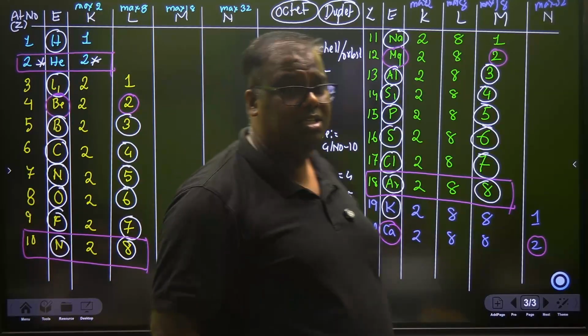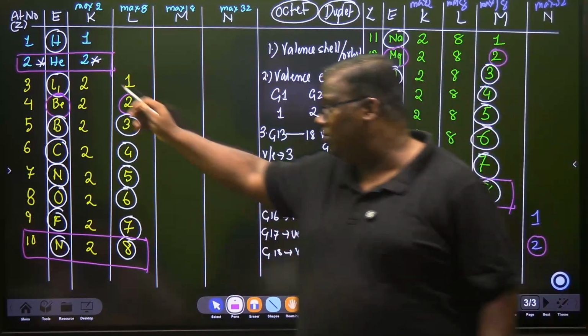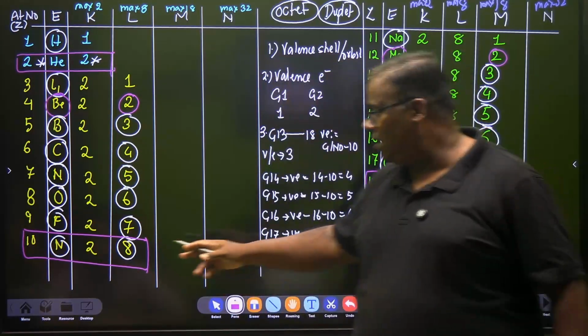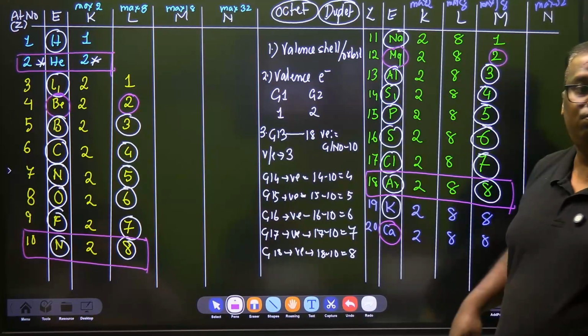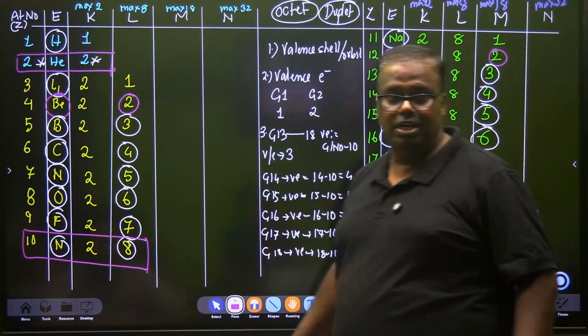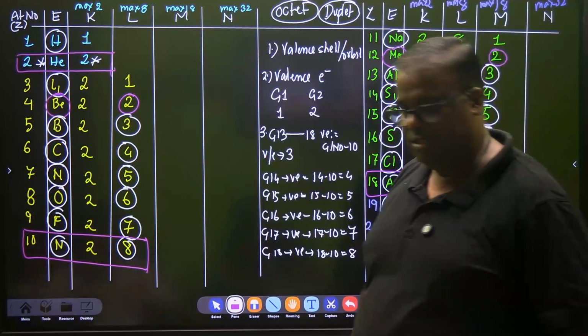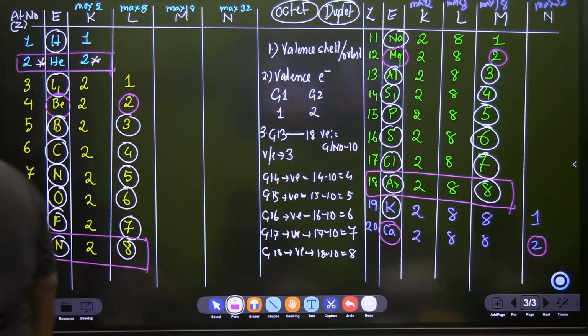Inert gases have their valence shell completely filled. This fellow had only one valence shell and it is filled. This fellow's valence shell is filled. This fellow's valence shell is filled. So write that: inert gases have their valence shells completely filled.